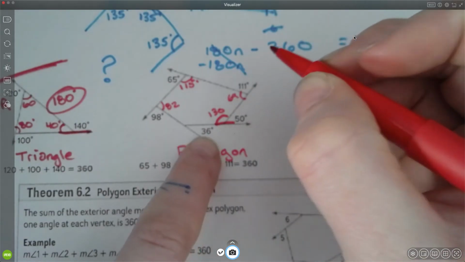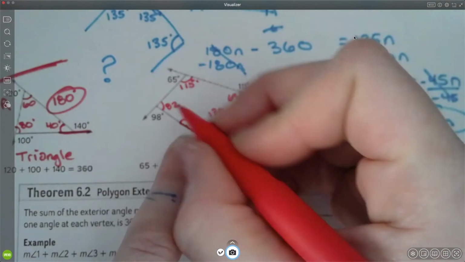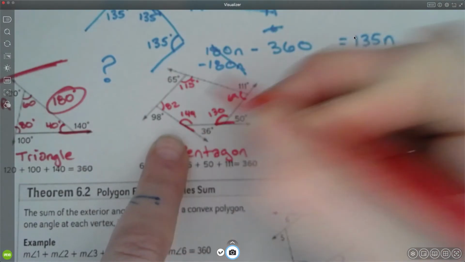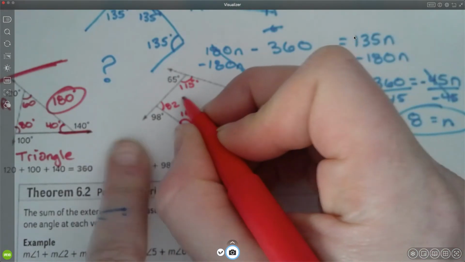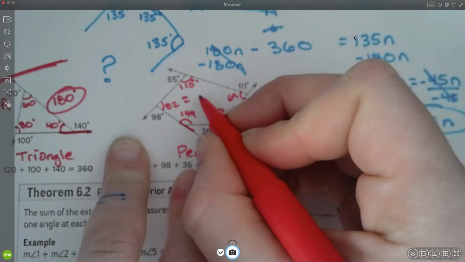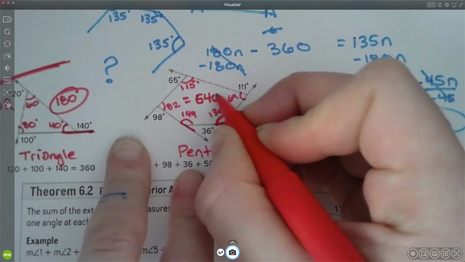And then 36. 180 minus 36 gives me this angle, and that is 144. If you add up all of those angles, what should that add up to be? This is a pentagon. 540.